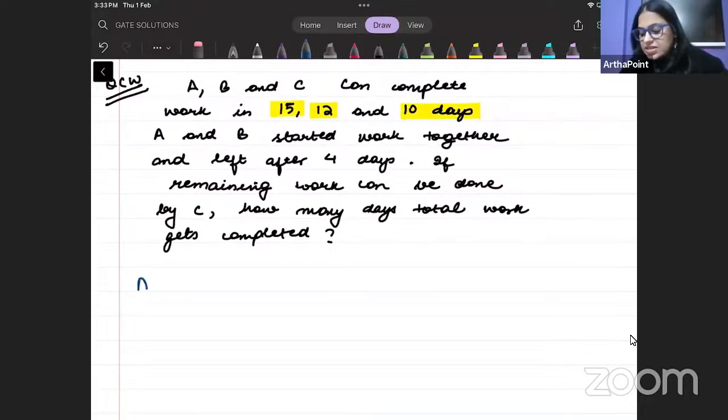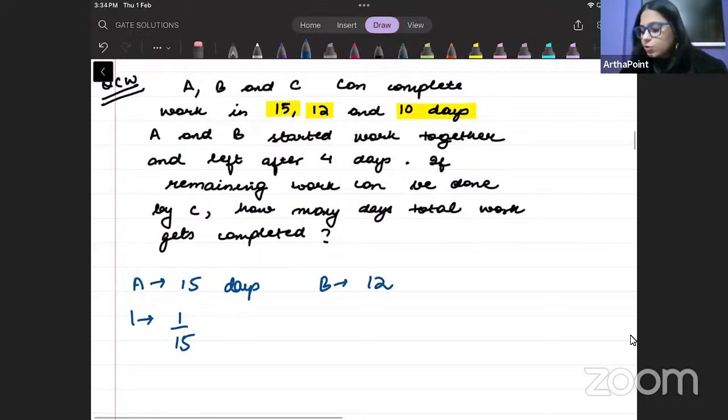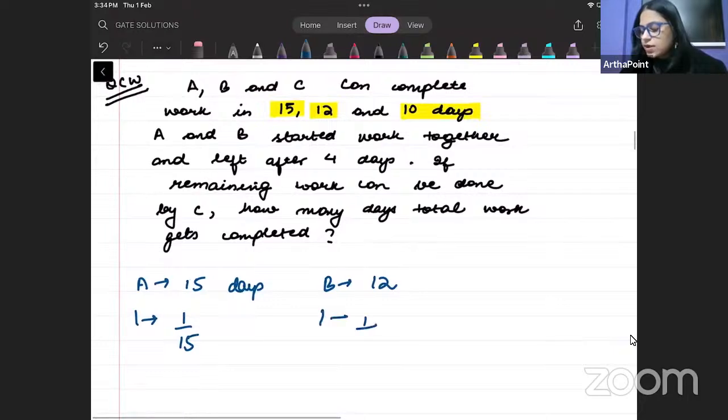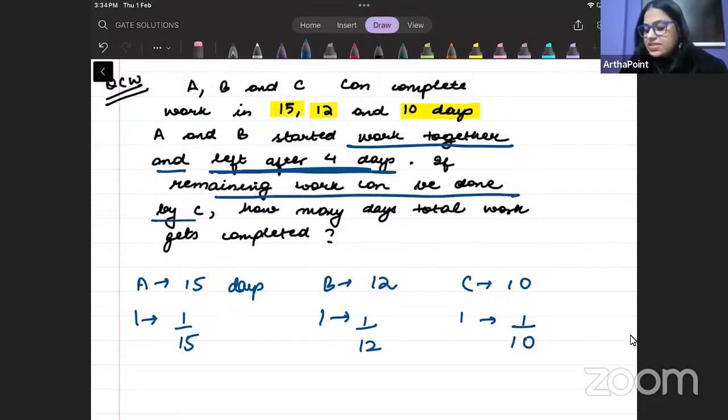So A can do 1/15 in one day, B can do 1/12 in one day, and C can do 1/10 in one day. Now read the question. A and B started work together and left after 4 days. If the remaining work is done by C, in how many days will the total work get completed?